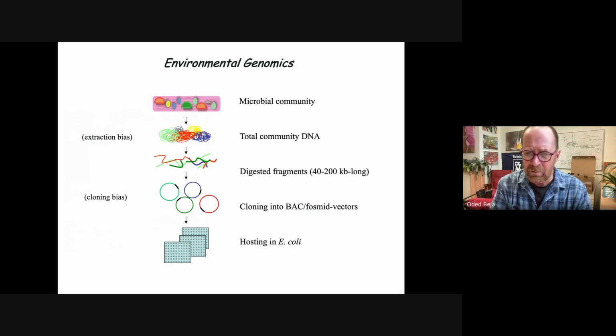One of the methods, the initial method that was devised more than 26 years ago, is looking for entire chromosomes, cloning them into E. coli. We have special vectors, and we can do it, and then massive sequencing of those DNA.